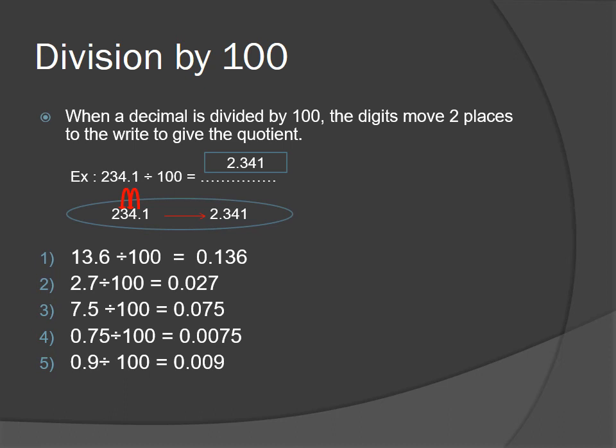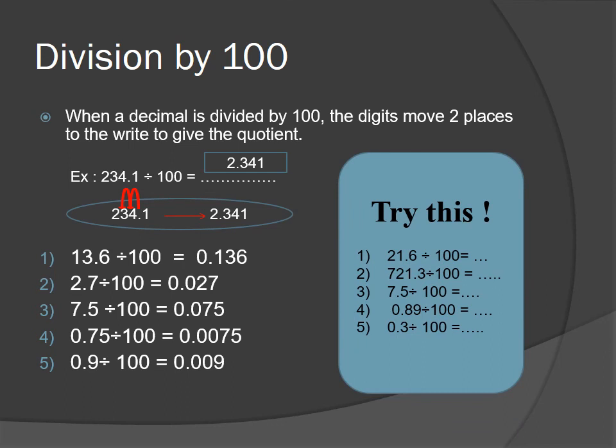If you divide 0.9 by 100, you can get the answer as 0.009. Now you can try to get the answers for these 5 questions using this method.